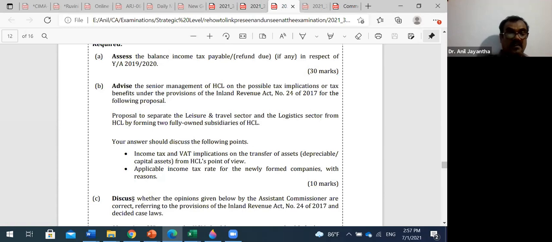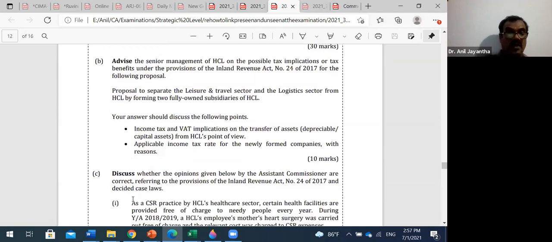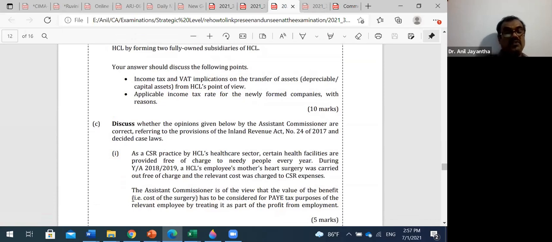Discuss whether the opinions given below by the assistant commissioner are correct, referring to the provisions of the Inland Revenue Act. So here again, how can you answer? Actually, you need to be well aware of the provisions given in these sections, otherwise you can't discuss. The answer is a discussion.